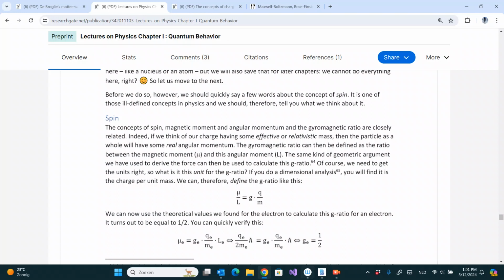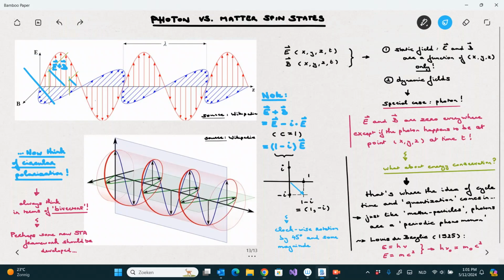I will come back to that, because here you can see I'm talking about spin in the context of matter particles, which I haven't. Let's go back to that circularly polarized photon. What you have there is indeed that electric field vector. We could also have taken the magnetic field vector, and it goes round and round around an axis, in the direction of propagation of the photon or the electromagnetic wave associated with that photon.